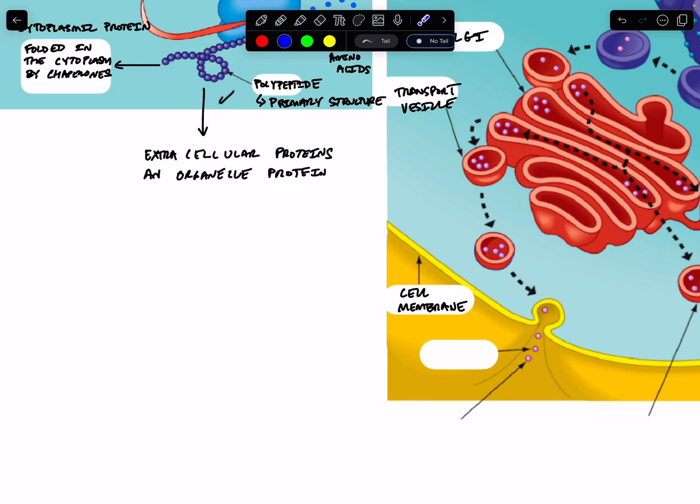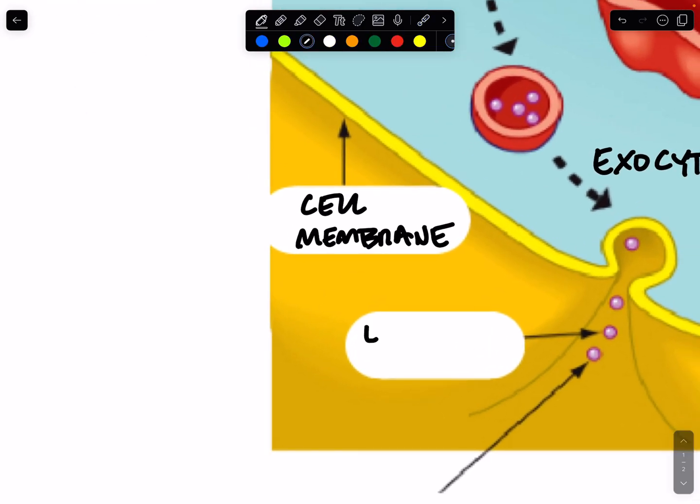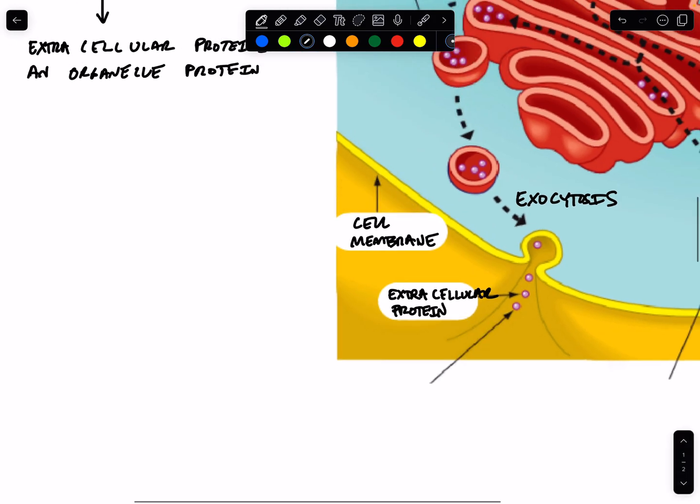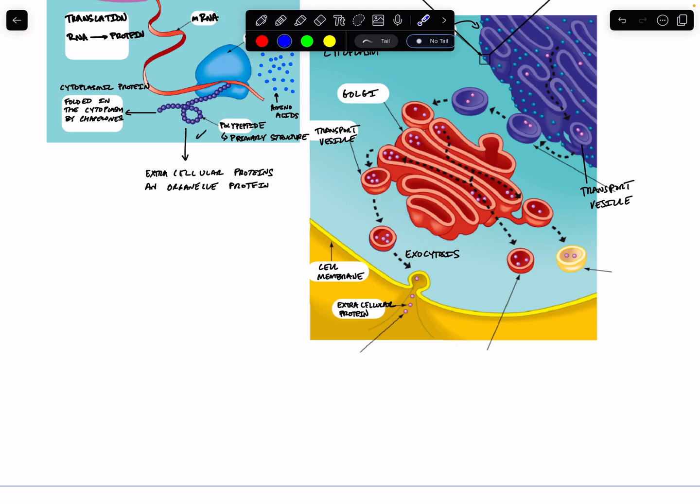This is an example of exocytosis. When a vesicle from inside the cell fuses with the plasma membrane, all this protein product is extracellular, and we would say this is an extracellular protein. It is now extra, meaning outside, cellular, the cell. So this is the way that proteins that have to be outside of the cell get there.